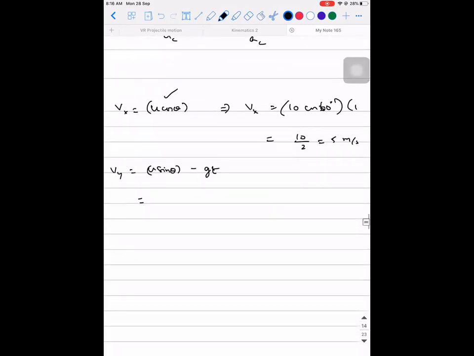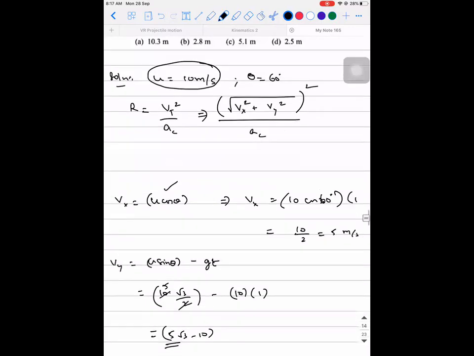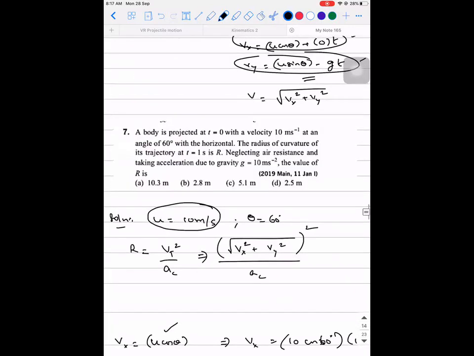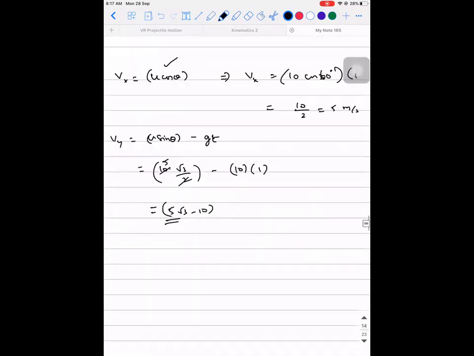So u is 10 into sin 60, which is root 3 by 2, minus g into t, which is 10 into 1. It will be 5 root 3 minus 10.